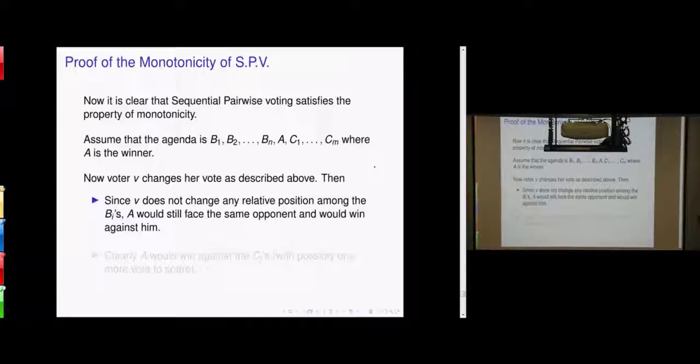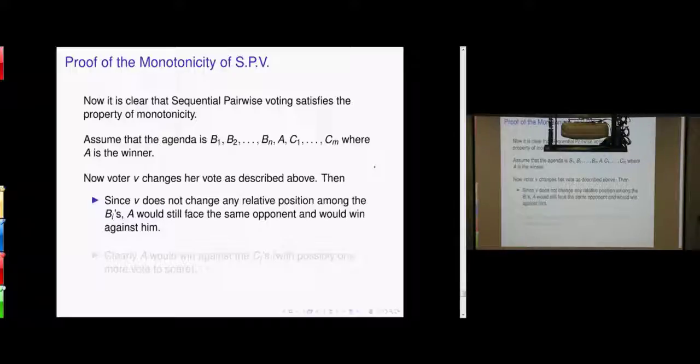So since we have that nice property, when B1 is played against B2, whoever won before still wins, because the relative position didn't change. So if you follow this order, after the change you get exactly the same results.